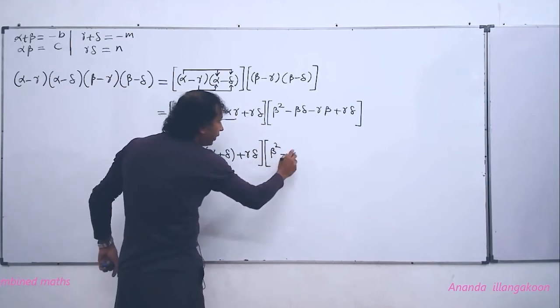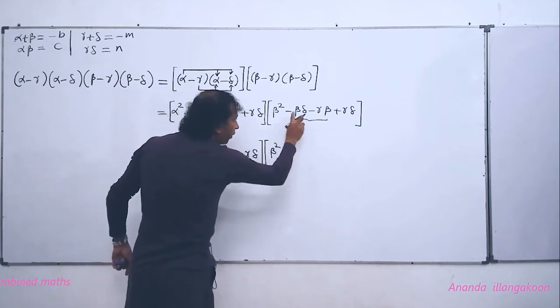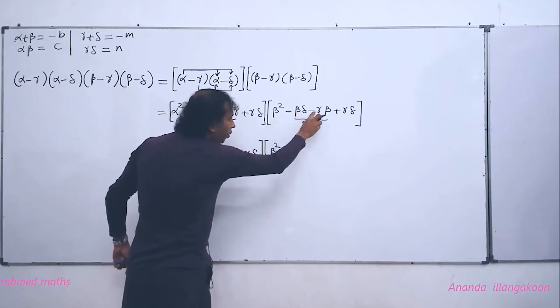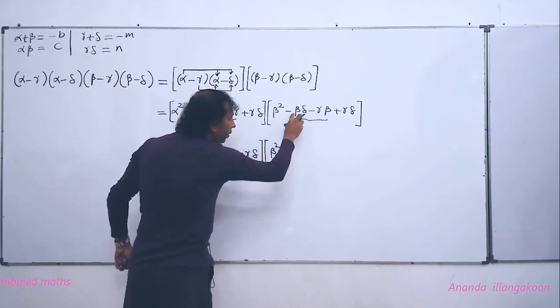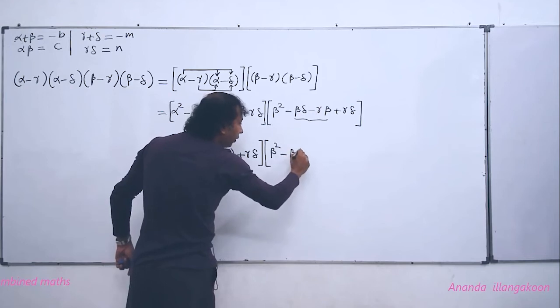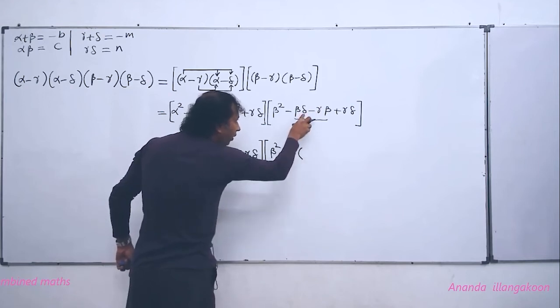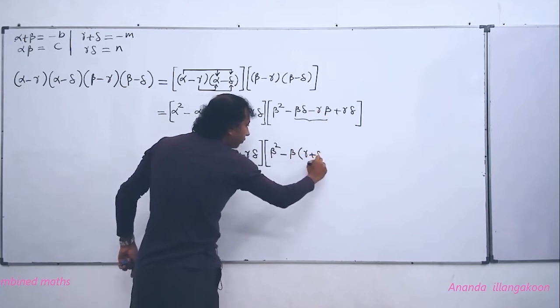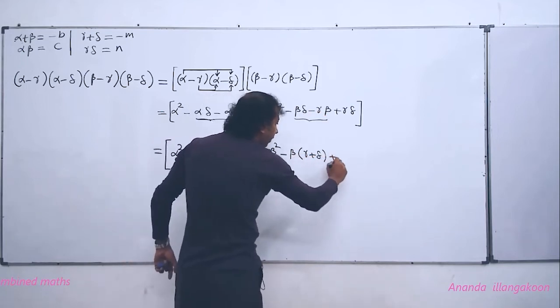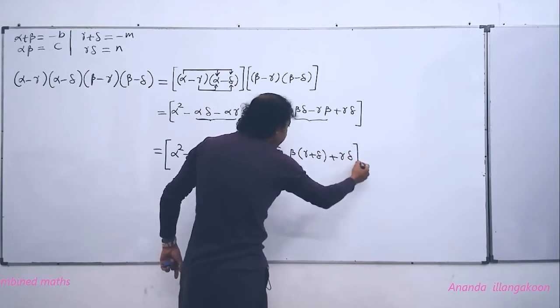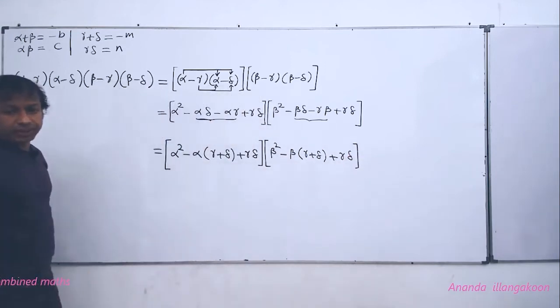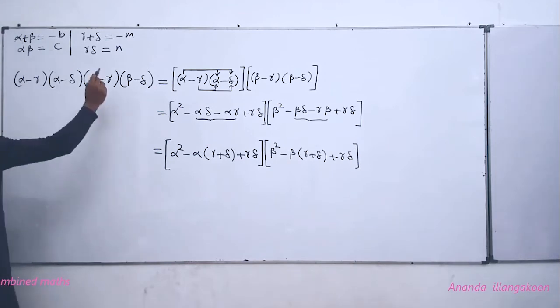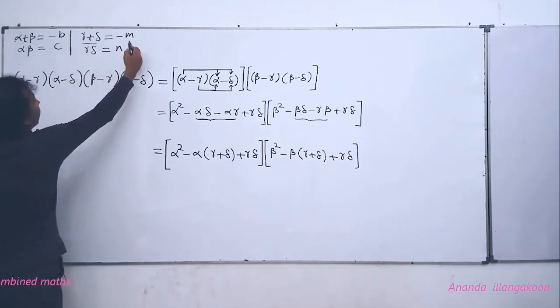Beta squared minus. By these 2 terms, people, you can see minus beta is common here. Minus beta, beta. Minus beta is common. Once you take minus beta out, people, delta plus gamma come in. That is nothing but gamma plus delta. And here gamma delta product. Gamma delta product. People, you know here, gamma plus delta is minus m. Gamma delta is n.